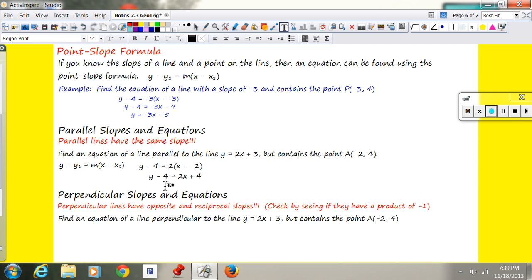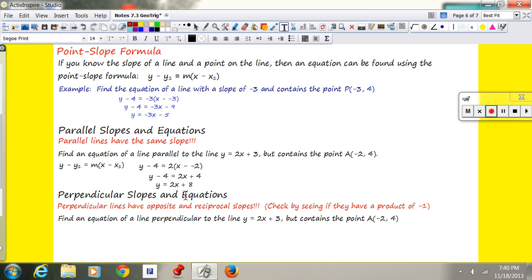So you add 4 to both sides, you're going to get y equals 2x plus 8. What that does is that's a line that's going to be parallel to 2x plus 3 because they both have 2x, but it's going to touch the y-axis at 8 where this one touches the y-axis at 3. So it's going to be parallel.